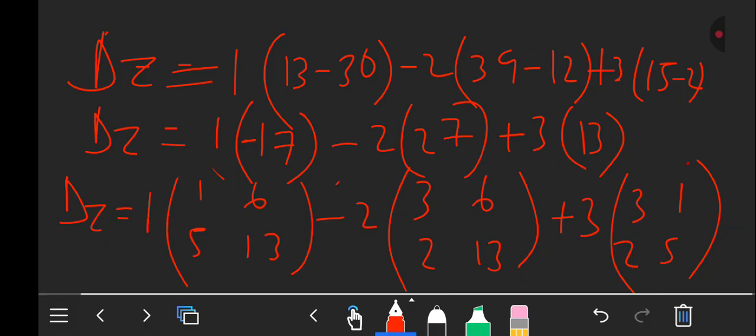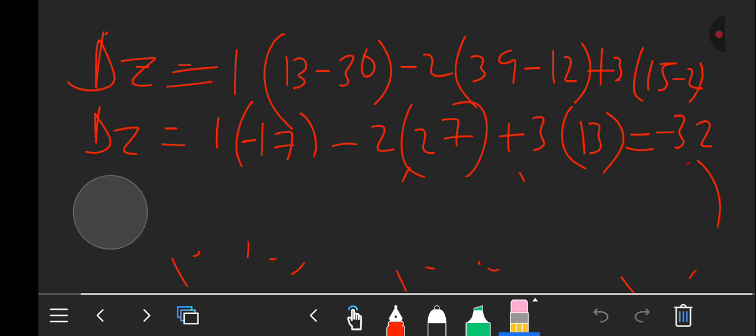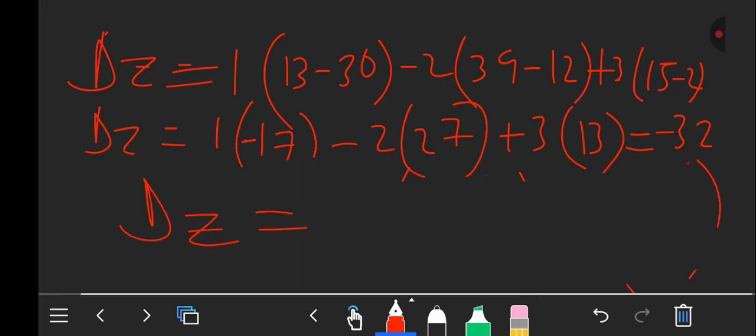So the value which it's giving is negative 32. Okay, so we now know that the determinant for z is equal to negative 32.